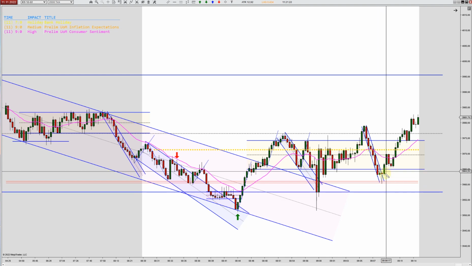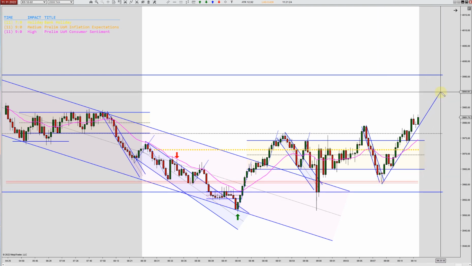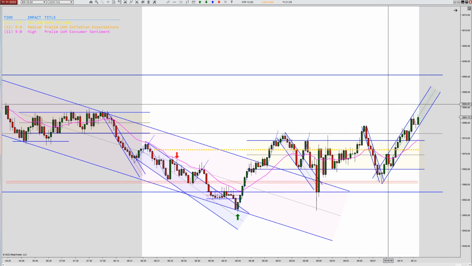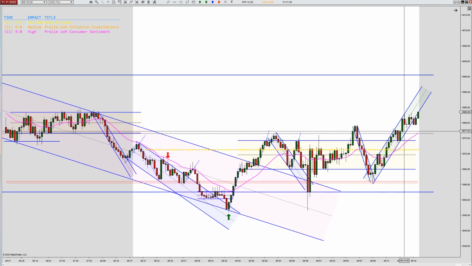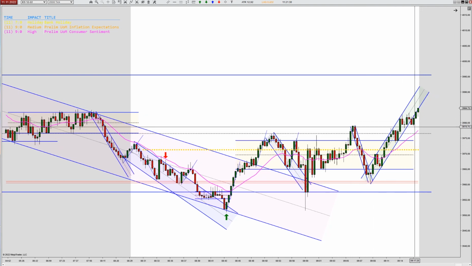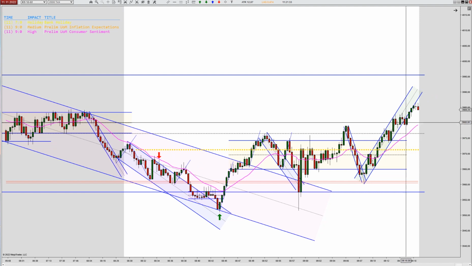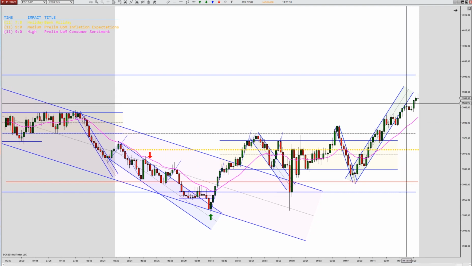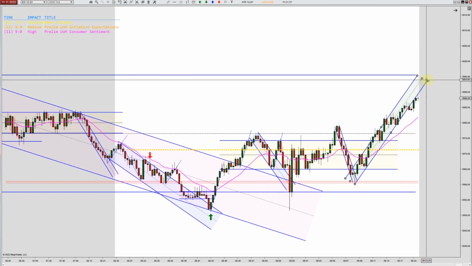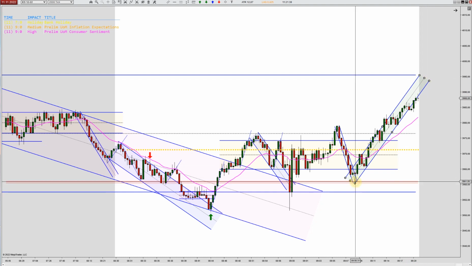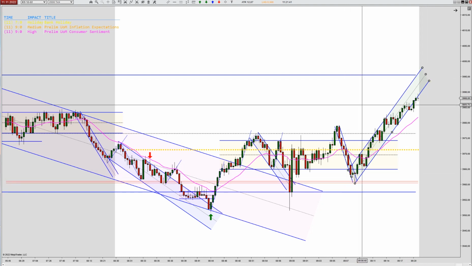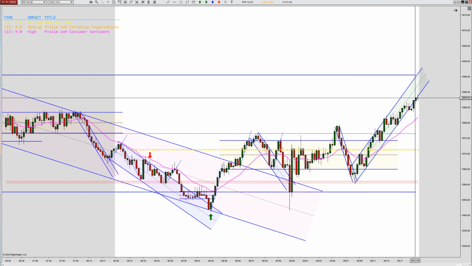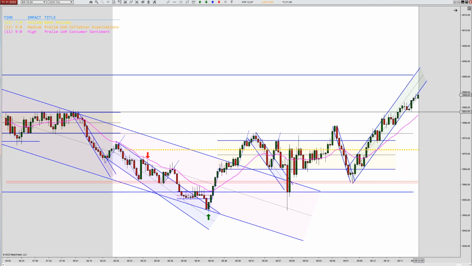And maybe we have some channel working higher here. You can see the first break of this channel and retest of the highs, going even higher than this. Maybe the channel is more like so, but still, then we have a break here, retest of the highs, and there's no pullback to the EMA.